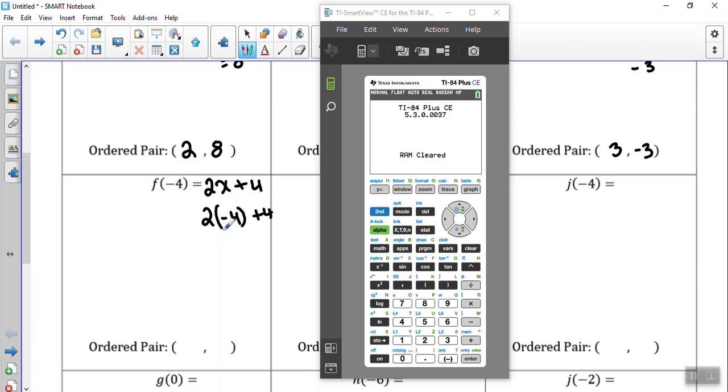From here on out I'm just going to put it in my calculator. So 2, parentheses, negative 4, close parentheses, plus 4, enter, and I get negative 4. So my answer here is negative 4. To write that answer as an ordered pair, my input is negative 4, my output is negative 4.